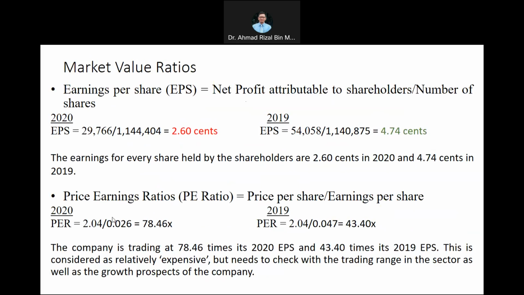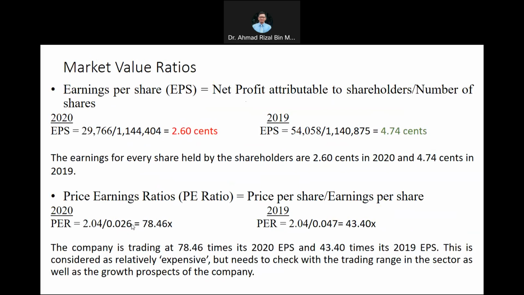For the PE, or price earnings ratio, in 2020, it is 2.04 divided by earnings per share of 0.026. Remember, when you calculated earnings per share earlier, this 2.6 is in cents. If we write it in ringgit, because we want to divide it into 2.04 ringgit, it is 0.026 ringgit.